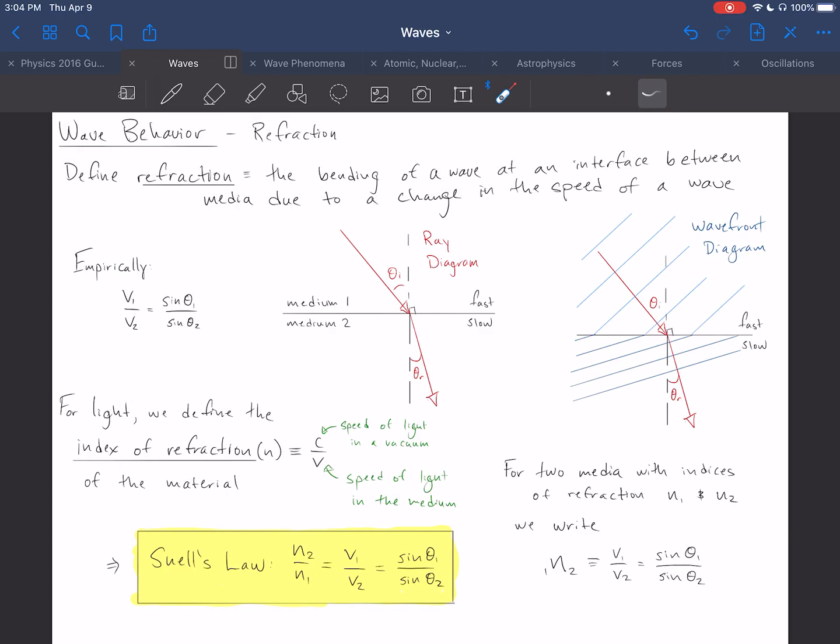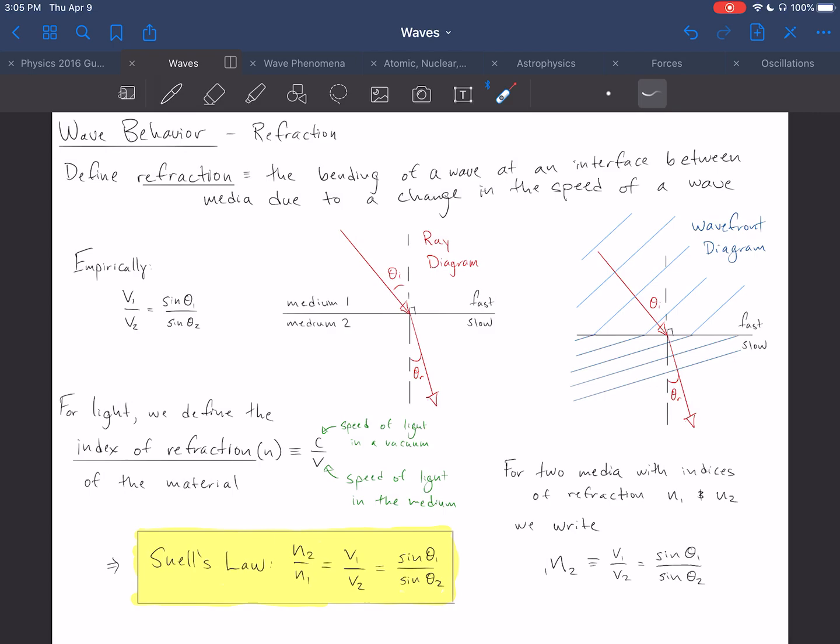This is known as Snell's law and is given in the data booklet, and it relates the index of refraction of both materials to the sine of the angle that the wave represented by the ray makes with the normal in both media. As a result, we can define a particular index of refraction as not just the index of refraction relative to light, but the index of refraction in between any two media.